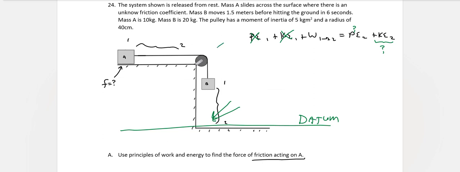Also though, the pulley has a significant mass in this problem. In a lot of the problems I gave you, the pulley was hollow or did not have a significant mass, but in this one it does. It does have a significant mass, and its moment of inertia is given right here. So you have a 1/2 I omega squared for the pulley that goes into that equation, under the KE2. So your KE2 should have 3 terms.